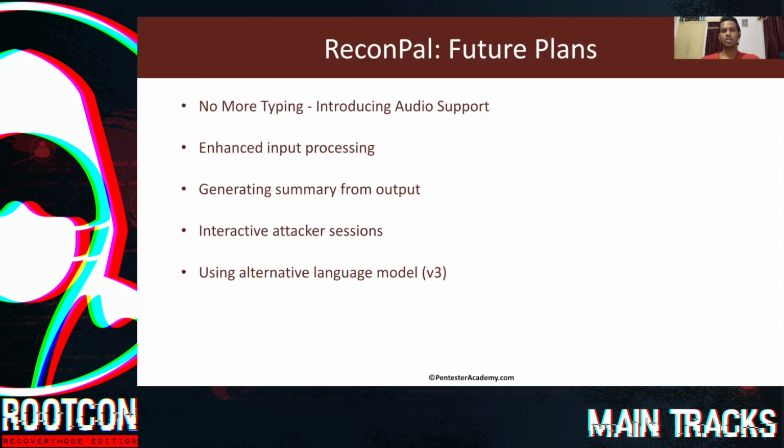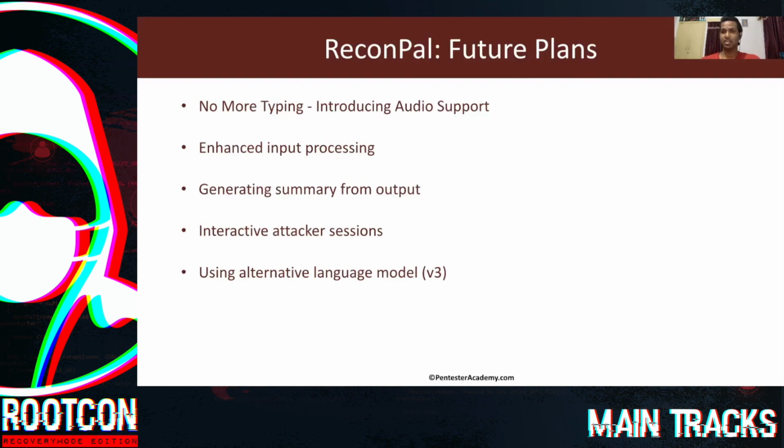The third thing which we are going to do is try to generate a summary from the output. Again, we are going to feed the OpenAI API with the documentation of the tools and see if it can generate the summary somehow. This is a simpler way of visualizing or understanding the output. The fourth one is an interactive attacker session.